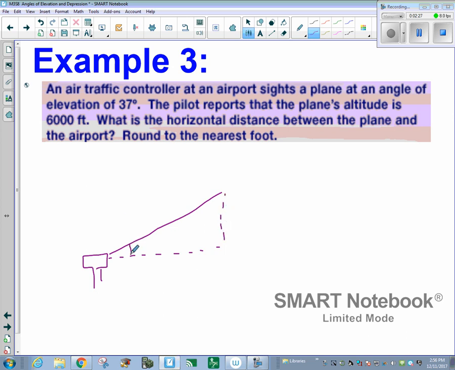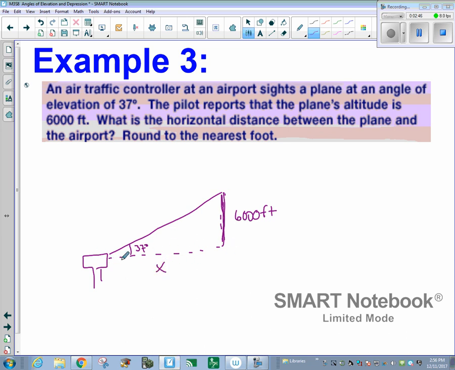And so it is an angle of elevation of 37 degrees. And this distance right here, they told us 6,000 feet above is the plane's altitude. And they want to know the horizontal distance, which is this side right there.